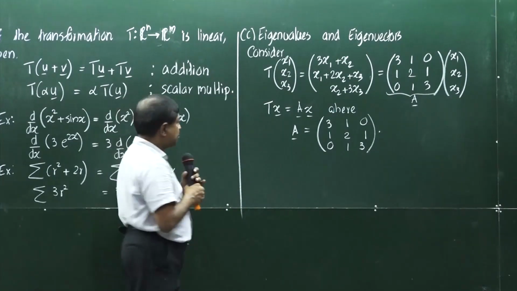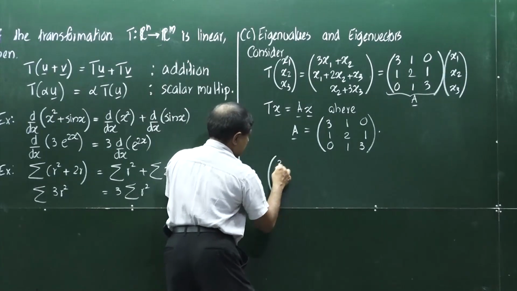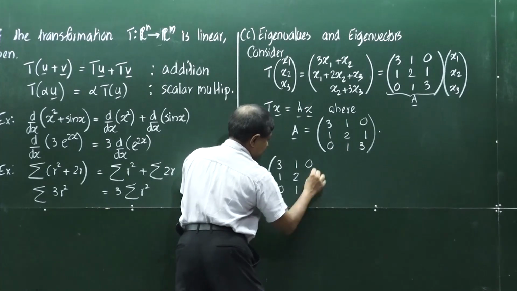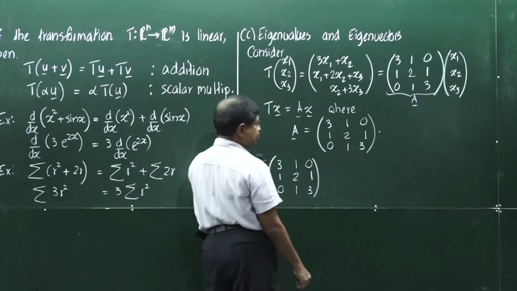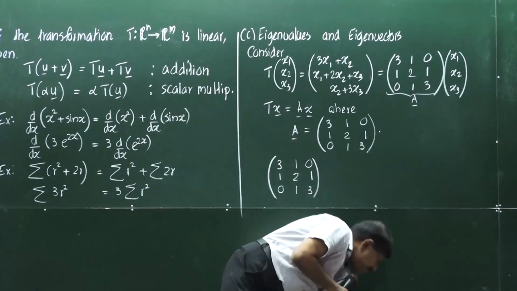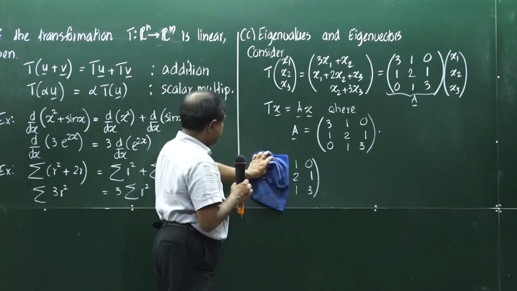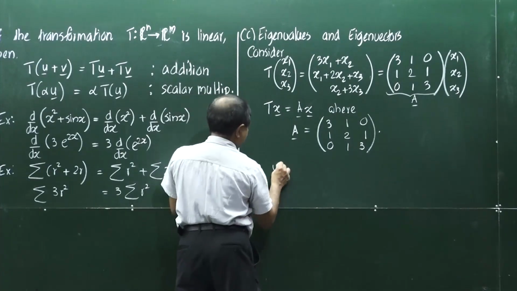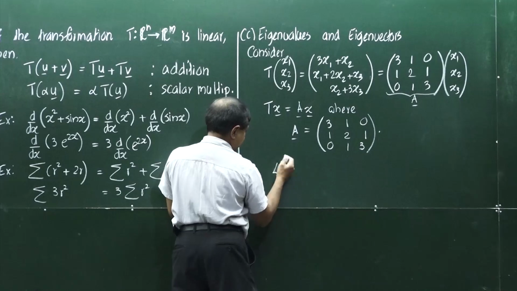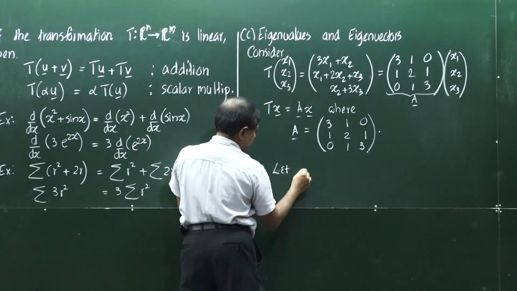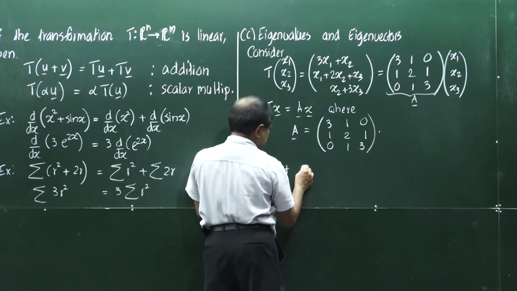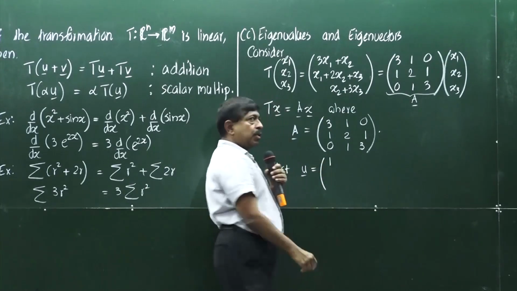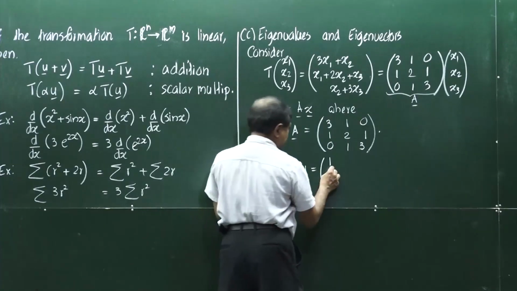Now we'll see some magic. Okay? Hold on. I have space there. Let's take U, V, W. U is this vector: 1, 1, 1.